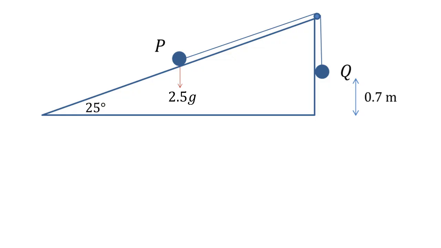It's also got the reaction force, which is perpendicular to the plane, which we're going to call R. Then looking at particle Q, its mass is 1.5, so it's got a downwards force of 1.5G. And then both bits of string, each side of the pulley, will have a tension T pulling towards the pulley. Note that these are equal to each other, which is why we've given them the same letter.